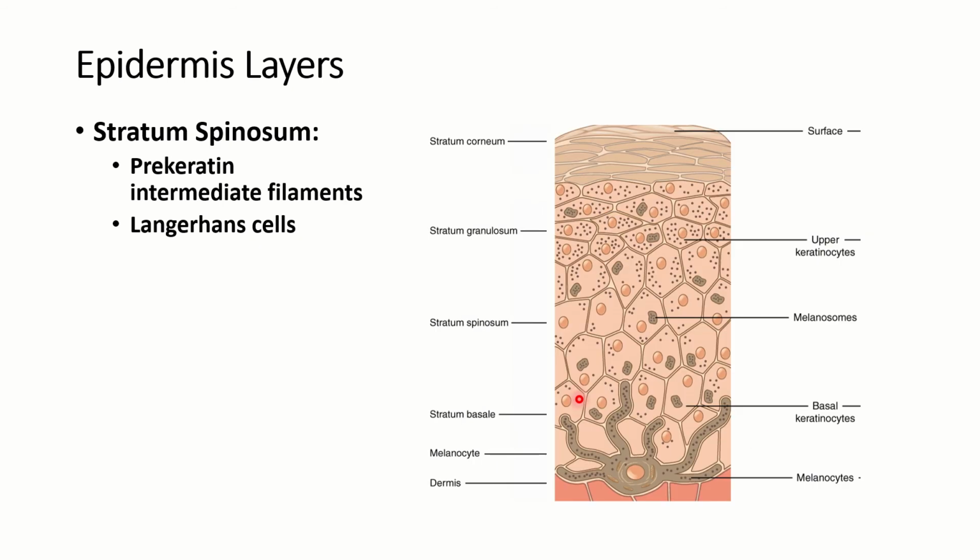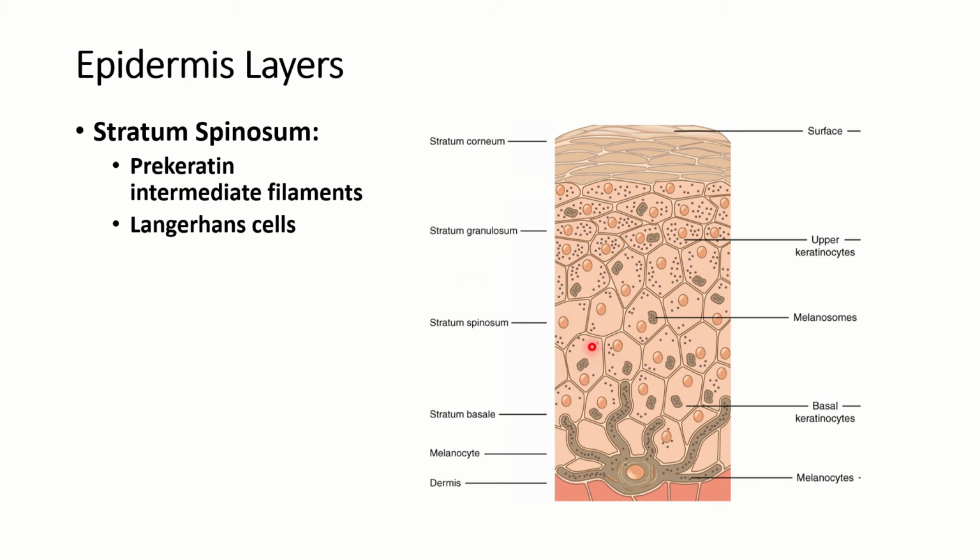The second layer is called stratum spinosum. So this is a thicker layer of the normal skin, and the organelles are not damaged here. The cell is alive. The nucleus is fine, working properly. It has a lot of pre-keratin intermediate filaments, so that's why it makes the cells spiky.